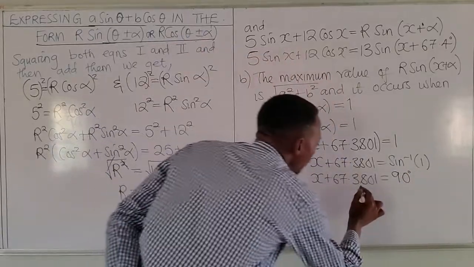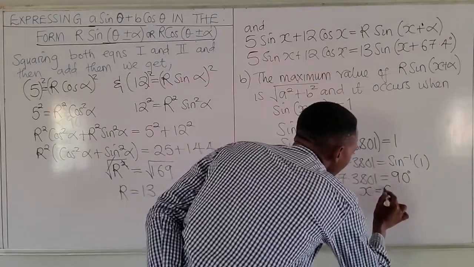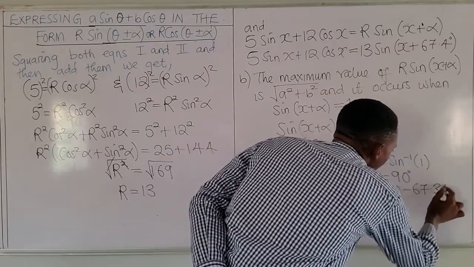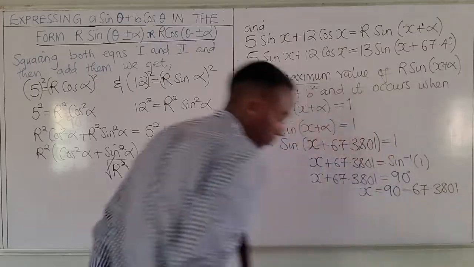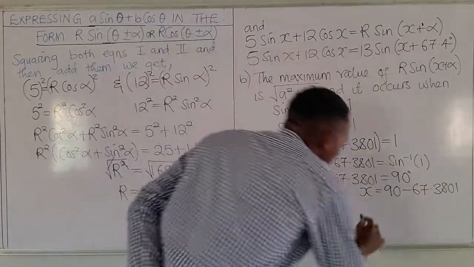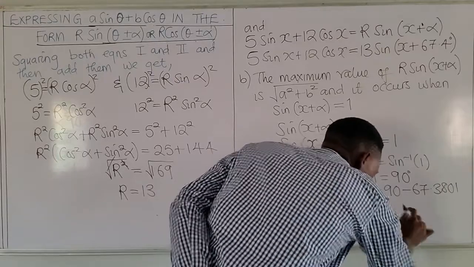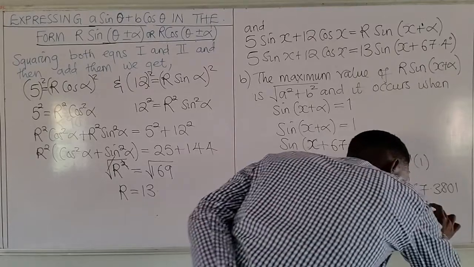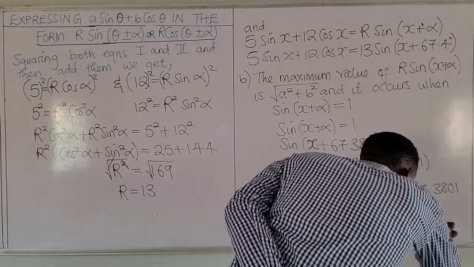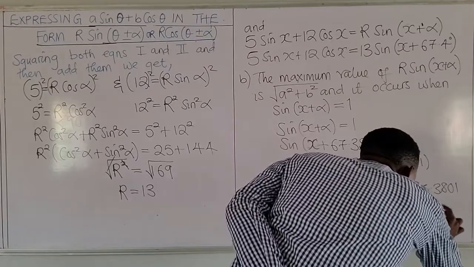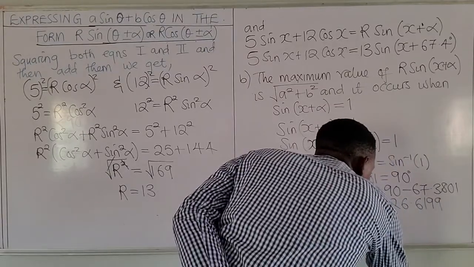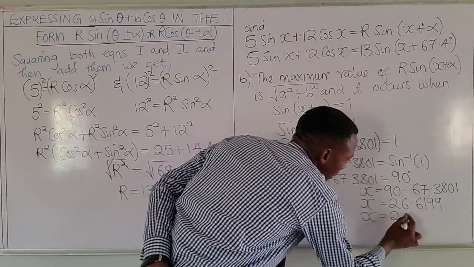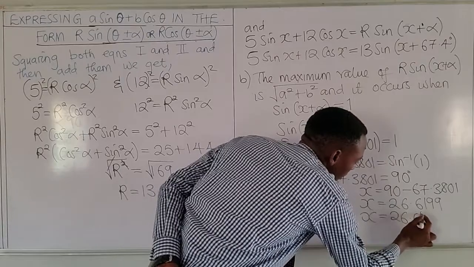So now working out the value of x, x is equal to 90 take away 67.3801. So from here, we are going to get x is equal to 26.6199. Rounding it off correct to one decimal place, we are going to get 26.6 degrees.